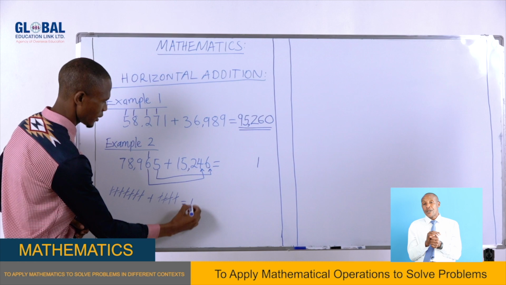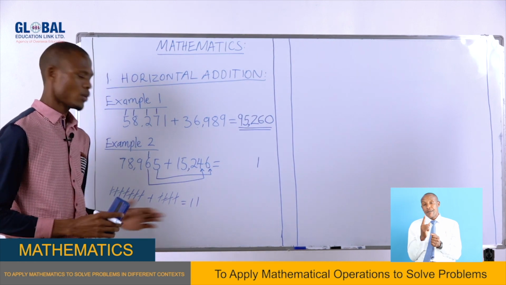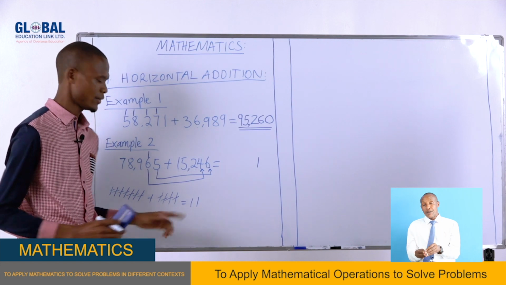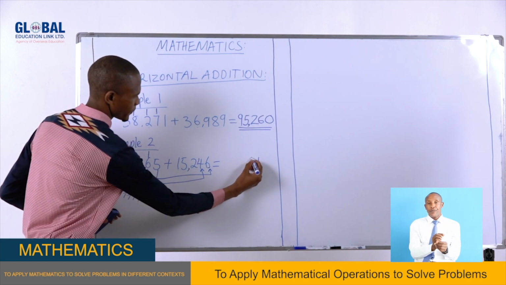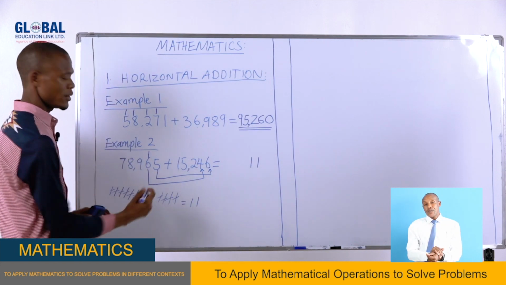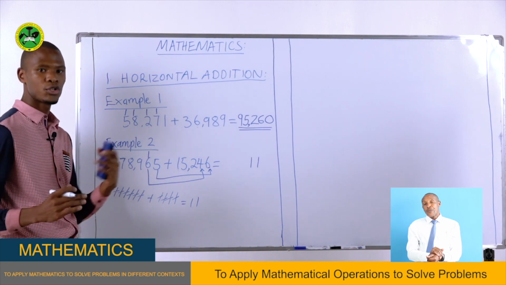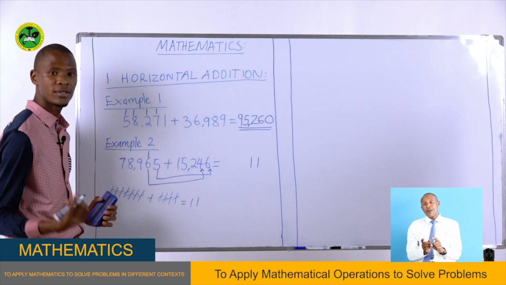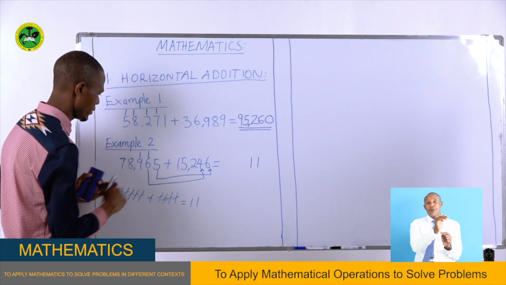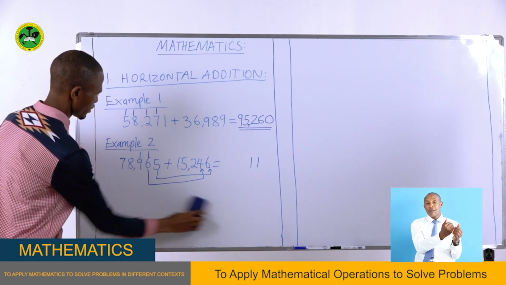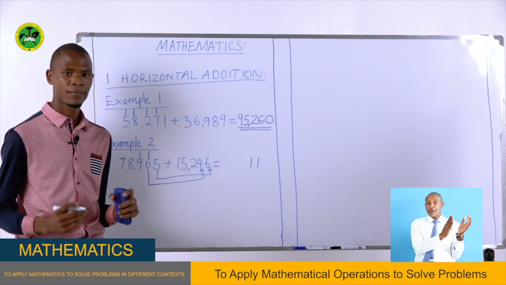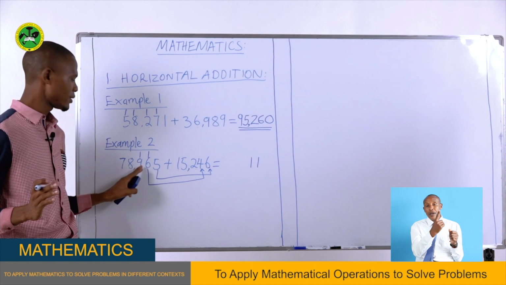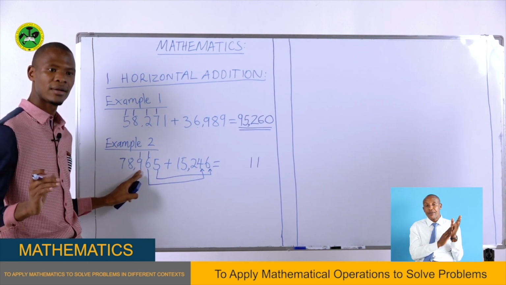So 11, we write 1 and then we carry 1 forward. This one should be written on top of the next digit, which is 9. Therefore, here we have 1 plus 9.